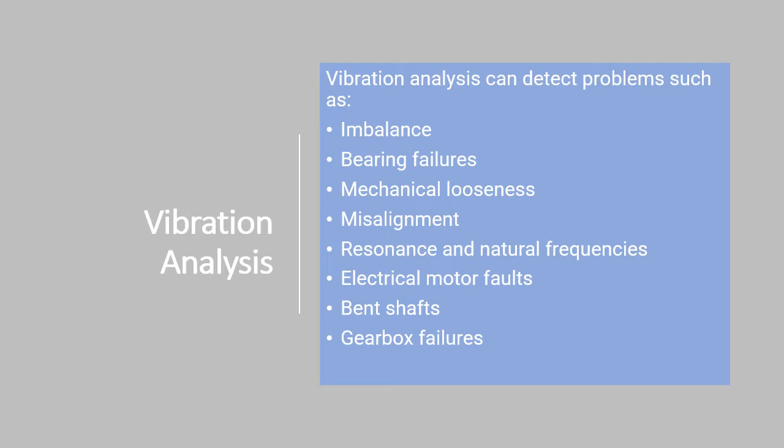What I mean to say is, through the vibration analysis you can detect all the faults like imbalance, bearing failure, misalignment, a bent shaft, resonance, mechanical failure, electrical motor failures, gearbox failure, or some issue about driving the machine, where it is misdriven or overdriven. All this can be inferred from the vibration analysis.